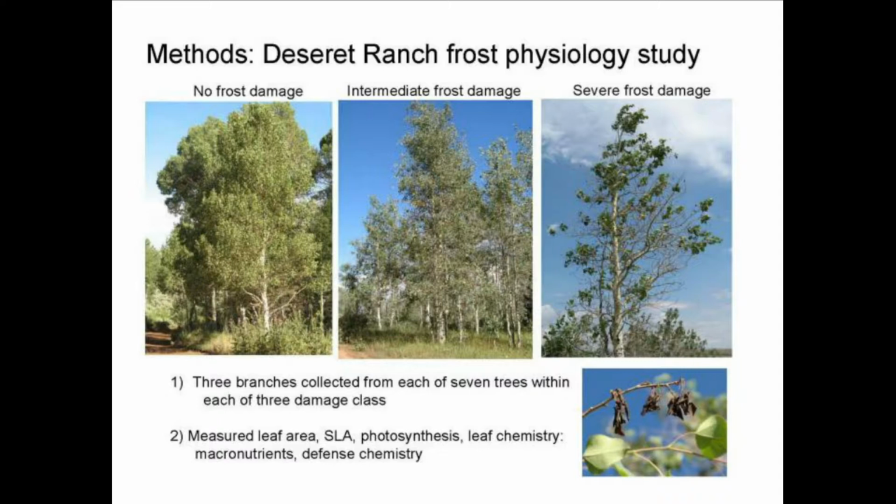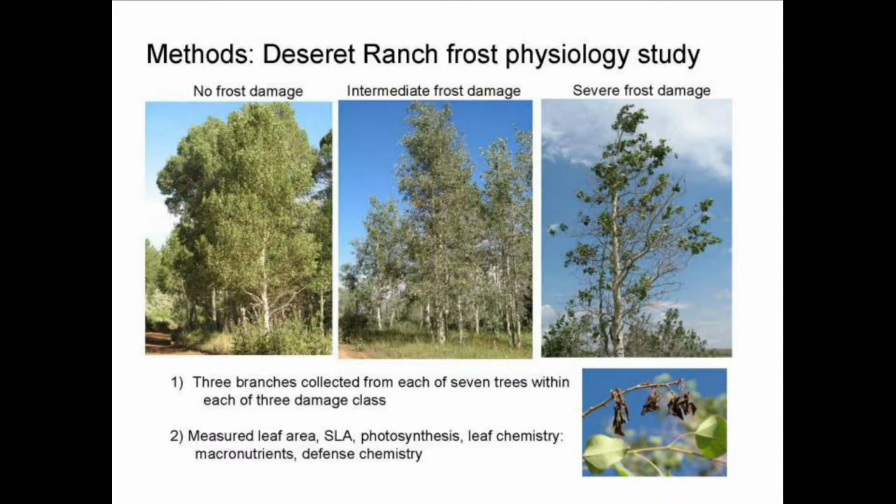We had an intermediate frost damage class where there was complete defoliation and a second flush that was complete. It reflushed completely. And then there was a severe frost damage class where there was complete defoliation but only partial reflushing. The morphology and the leaf physiology is actually very interesting, but I don't really have time to go over that.